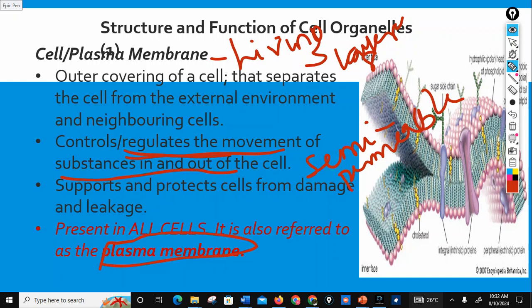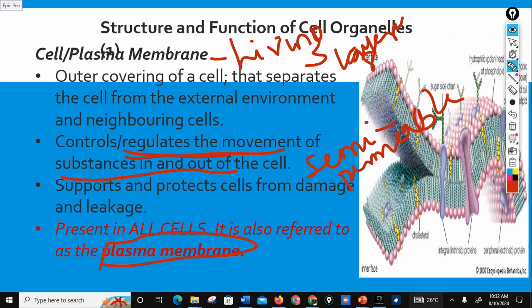It has its own unique features. It is by itself living, but it functions together with other cells by way of different signaling systems, macromolecules that are attached to its external surface.